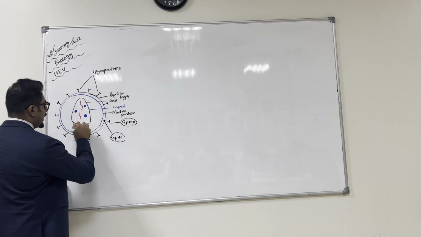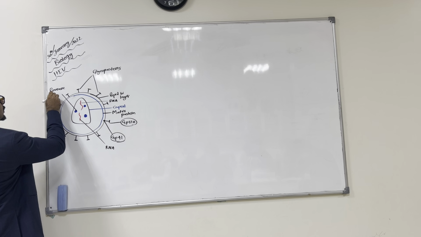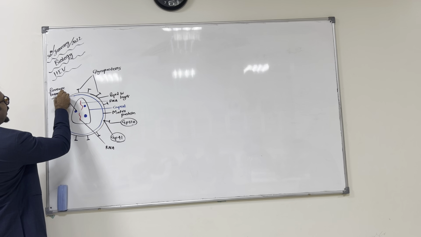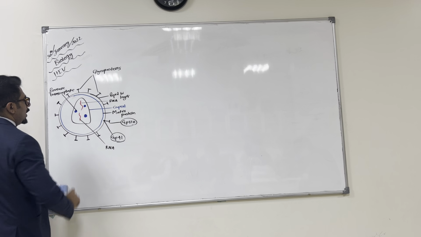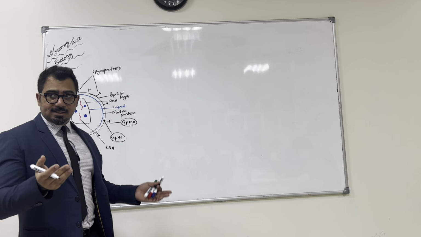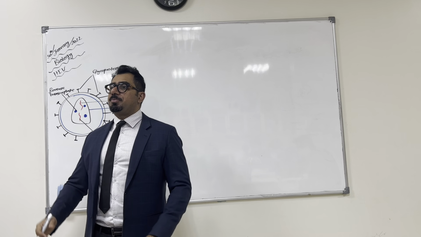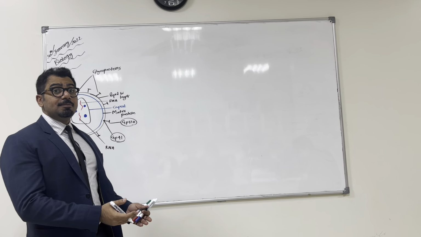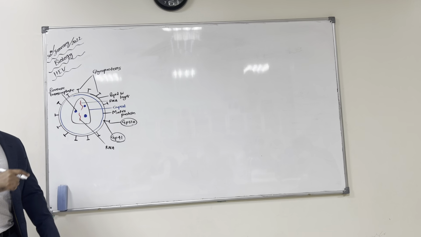Now, one of the enzymes, this one, let's suppose this is called reverse transcriptase. A very interesting enzyme. You have learned about transcriptase enzyme, right? Which causes transcription. This is reverse transcriptase. We'll talk about it.